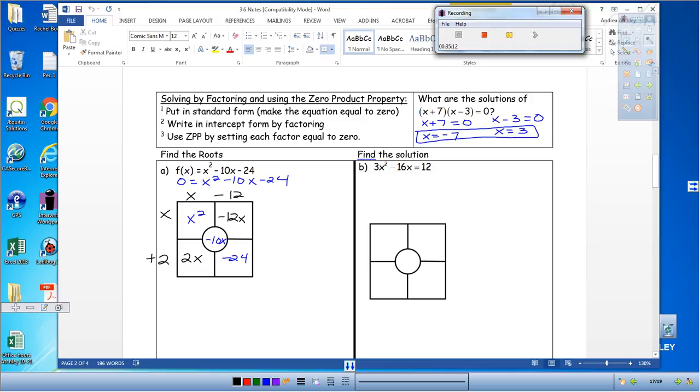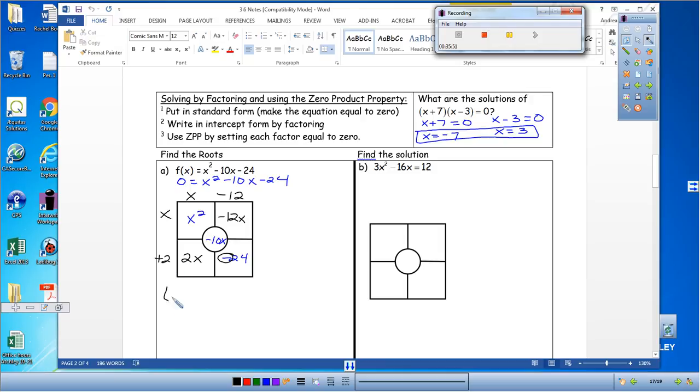My issue with 6 and 4 is this tells me I'm subtracting, and 6 and 4 add to 10 and do not subtract. If you put negative 6 and negative 4, negative 6 times negative 4 would give me a positive 24 here, and I don't have a positive, I have a negative. That's a common mistake. So it's very important that you're checking your signs.